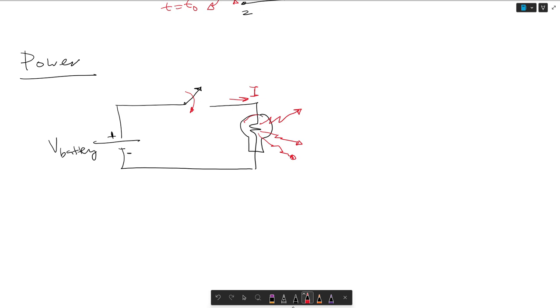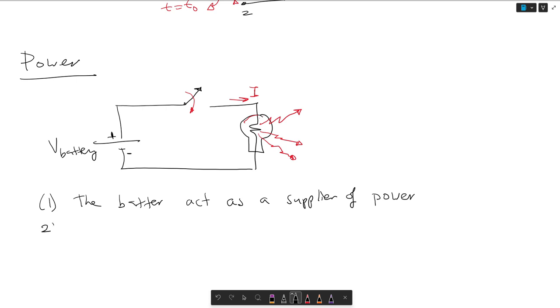So, again, just to be more formal, the first thing that happens is the battery acts as a supplier of power, and the light bulb acts as a recipient of power.